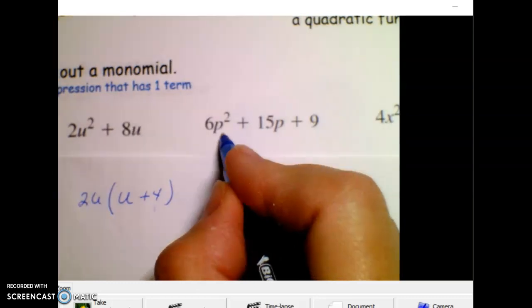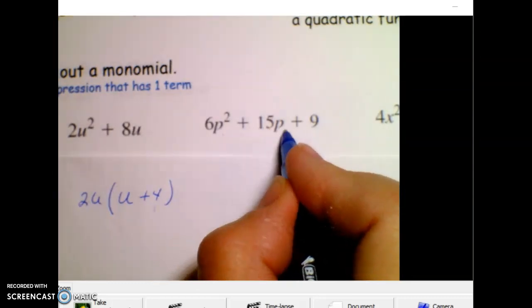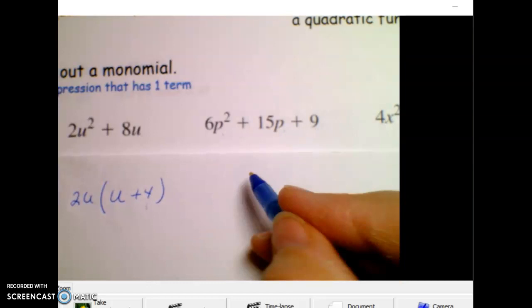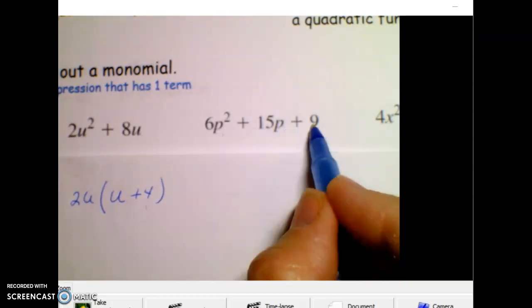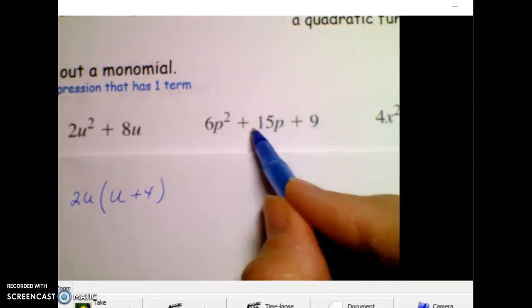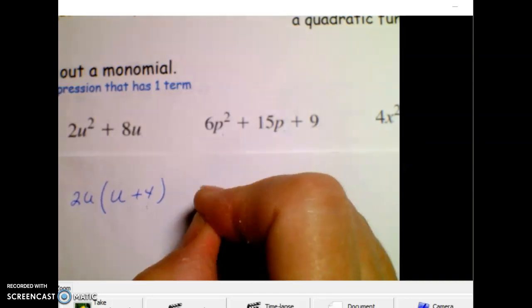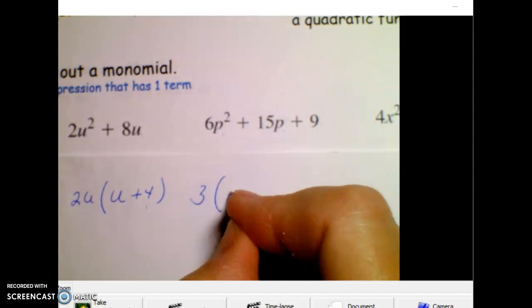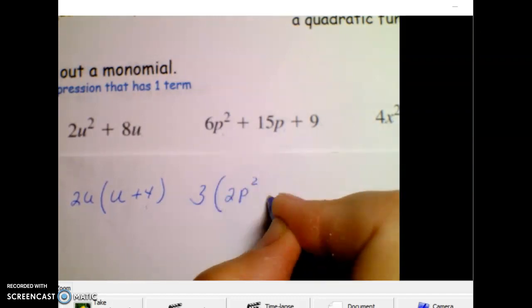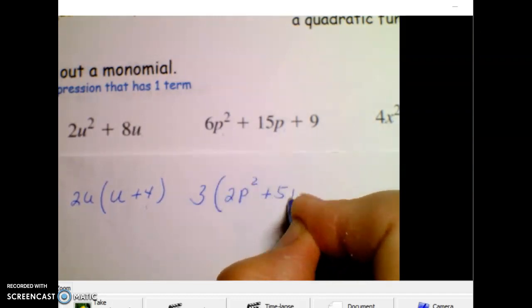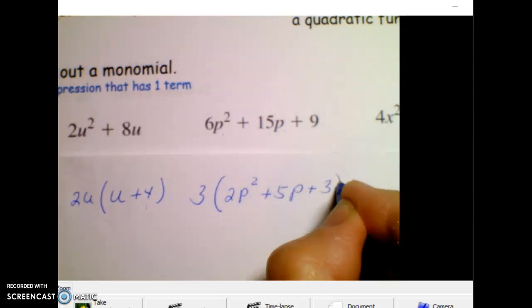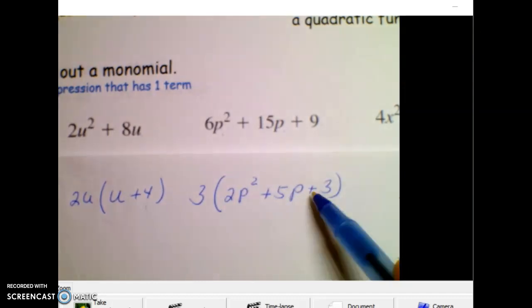I have 6p squared plus 15p plus 9. Well, what jumps out at me right away is I can divide all of those by 3. But I can't divide them all by p, so I can't factor out a p. I can only factor out a 3, so let's do that. So this would be 2p squared, this would be 5p, and that would be 3. All right, so now I want to see, can I factor that?